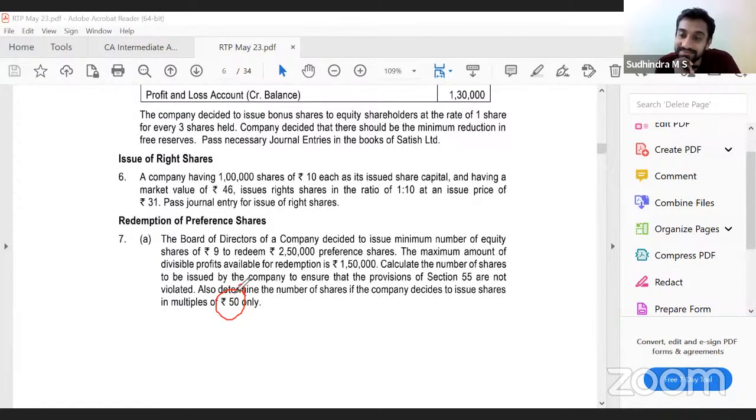Is it 2,000 shares? How? 1 lakh divided by ₹50. Check once more. Naman, how did we get 11,150? Sir, 11,112 by 50, rounded off to the nearest rupee. Why 11,112 divided by 50?